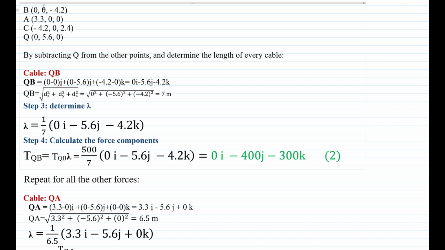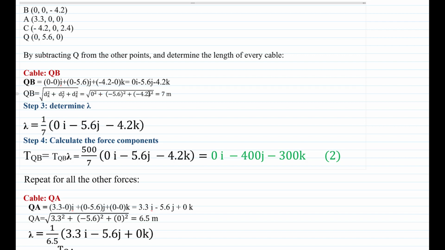Then 0 minus 5.6, you get the y component. And then minus 4.2 minus 0, you get the third component. So now I have the vector in the direction of the tension QB, which is 0i minus 5.6j minus 4.2k.